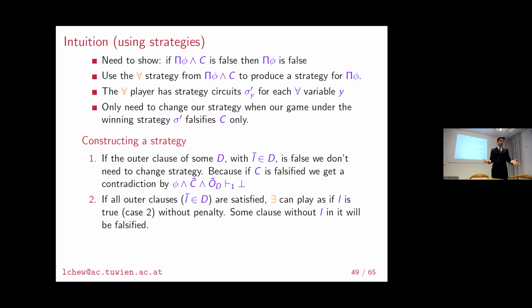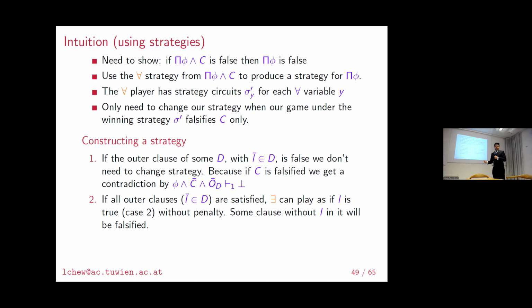Now, if all the outer clauses are satisfied, then it actually gives us a simplification of what the existential player can do. It means that the existential player can play L as if it was true without costing them any potential clauses that they could have satisfied, because all the outer clauses where we have this potential of setting it false for the existential player have already been satisfied.